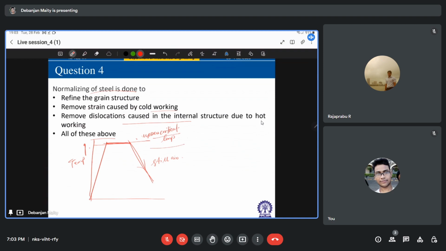Whatever changes are there, this is because of this cooling rate. Now, why are you doing this normalizing and annealing process?